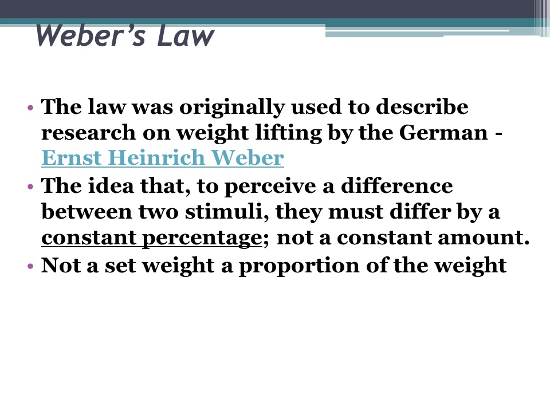The idea is that to perceive a difference between two stimuli, they must differ by a constant percentage, not a constant amount. So there needs to be a constant percentage for that item versus looking at the amount. Not a set weight, it needs to be a proportion.